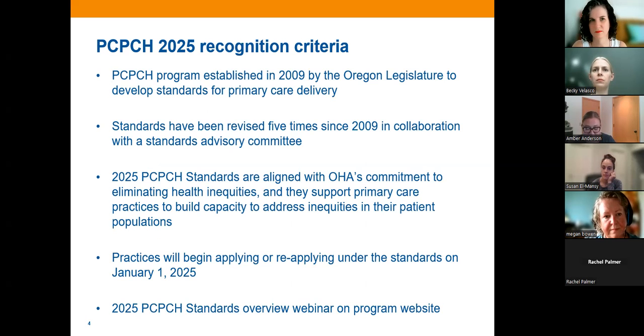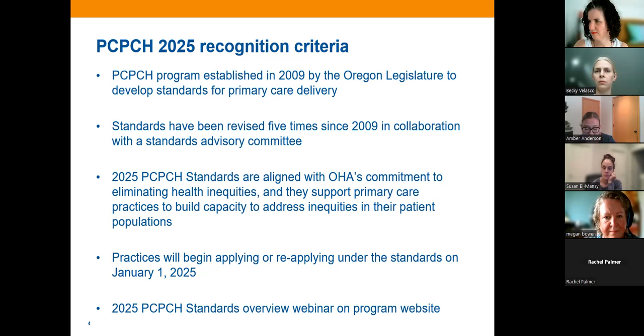So the Patient-Centered Primary Care Home Program was established in 2009 by the Oregon Legislature as part of the state's broader health system transformation strategy to improve access to care, reduce costs to patients, and improve population health. The standards are developed in partnership with an advisory committee and have been revised 5 times since 2009.